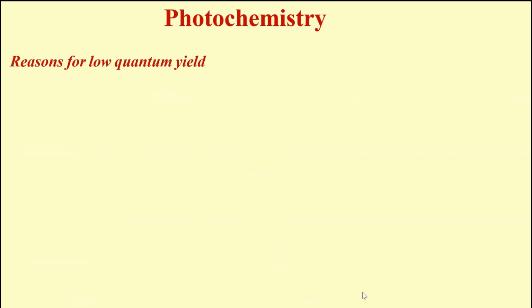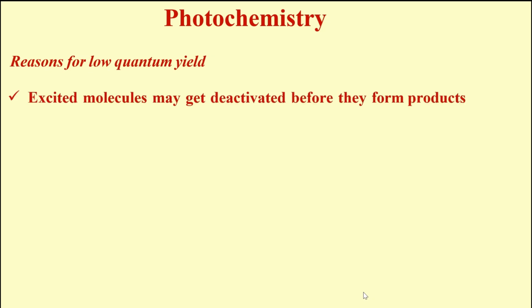Sometimes the yield will be good, sometimes the yield will be less. In some reactions the yield will be very high, in some reactions the yield will be low. What are all the factors that affect this quantum yield? The excited molecule may get deactivated before it forms the product.